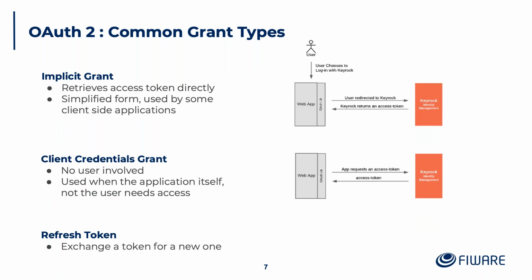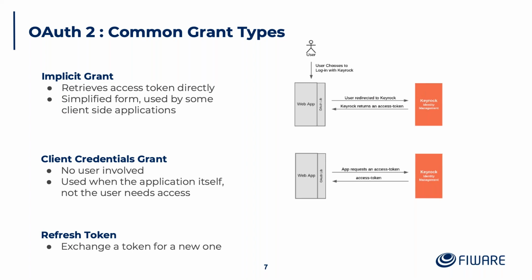There are two other main grants, and of course we can refresh a token because they are generally not long-lived. An implicit grant, instead of going through this system of saying, I would like a code, now I would like a token, is a simplified access which can be done by client-side applications when you've got various restrictions. Or indeed, and we will see this later on, you can get applications themselves which wish to say, I would like to be able to access you.